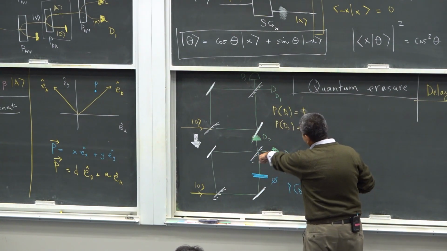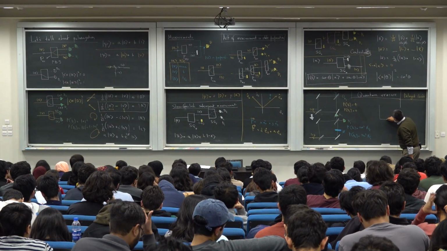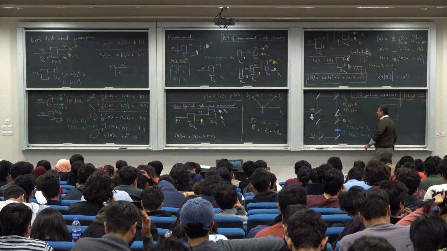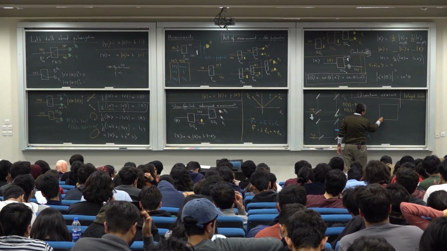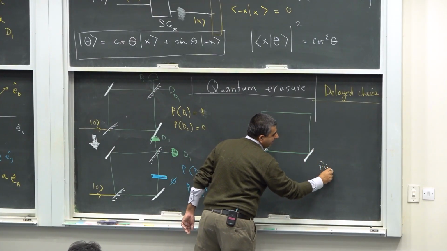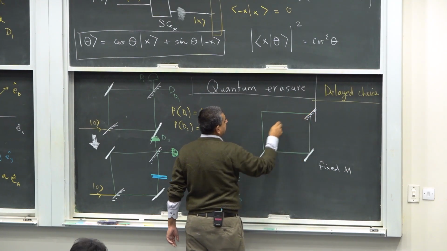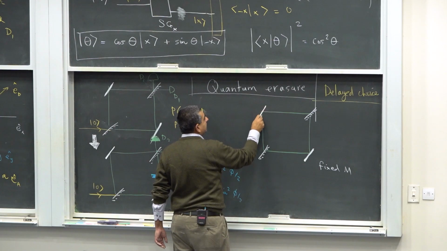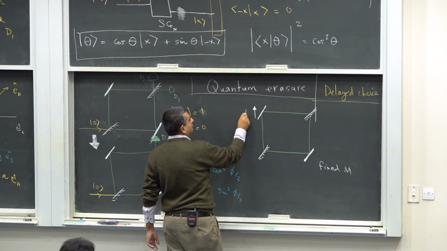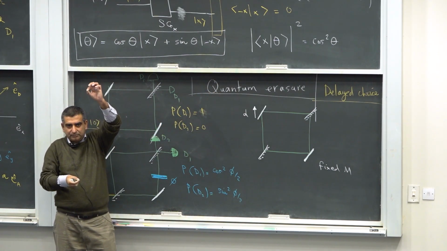So I can do a version of this experiment in the following fashion. This is just my placeholder for drawing the diagram. A beam splitter, mirror, fixed mirror, beam splitter, fixed beam splitter, and now I have a mirror whose position can change through some distance d. So I can move it up and down.